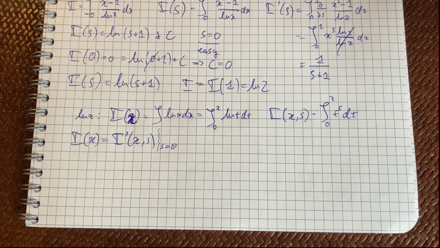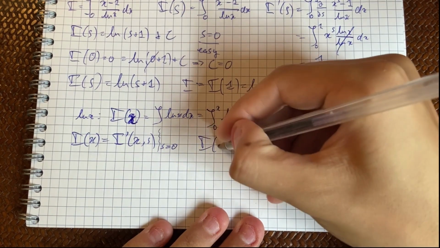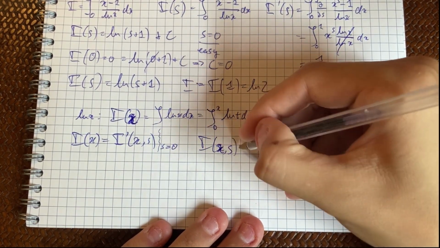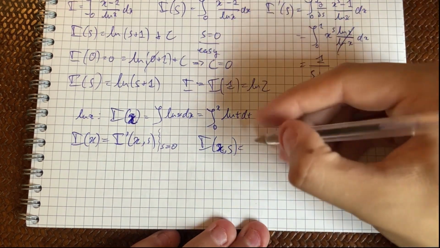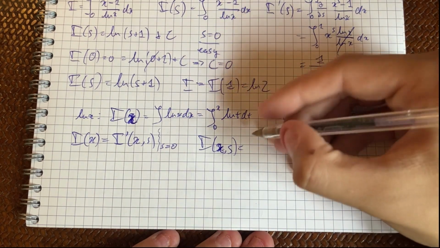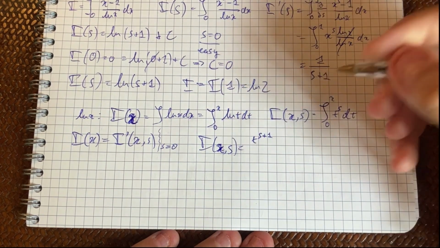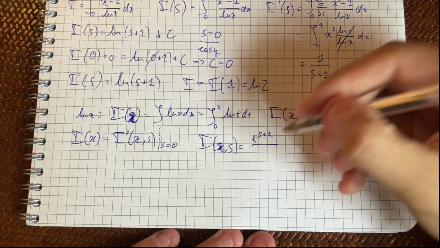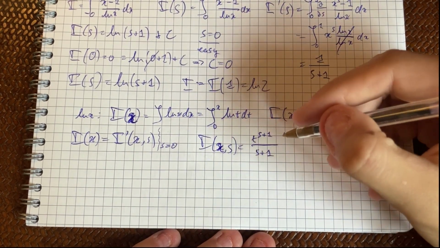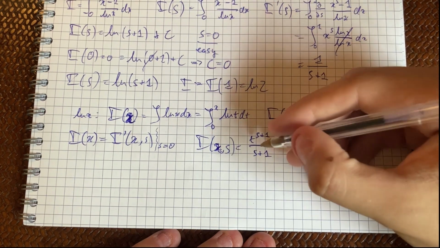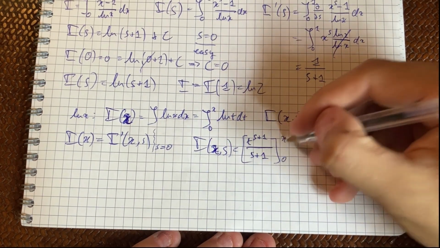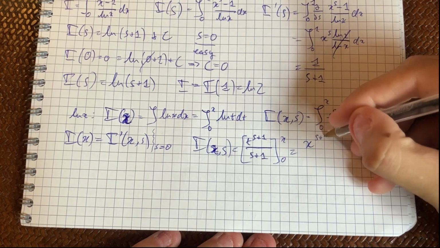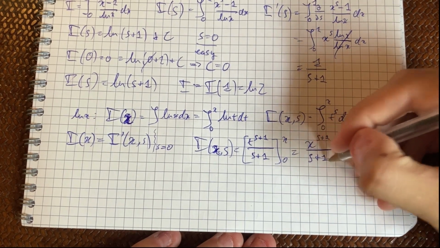Okay, we have to solve our generalized integral I of x, s. I of x, s is this integral, and well, we can just integrate with respect to t, and we get t to the s plus 1 divided by s plus 1, taken between 0 and x, which is x to the s plus 1 divided by s plus 1.